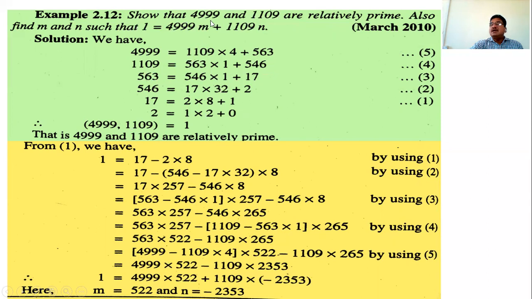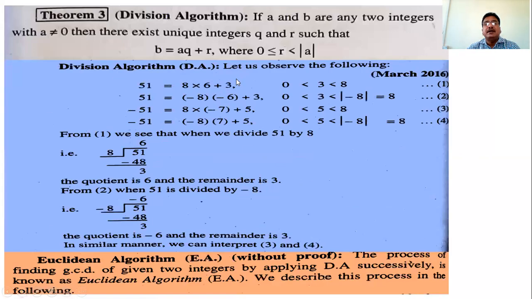Another form of the question is: show that the greatest common divisor of 4999 and 1109 is 1. Showing that these two numbers are relatively prime means showing their greatest common divisor is 1, or finding the greatest common divisor of the two numbers.